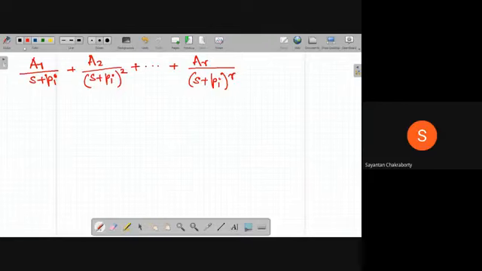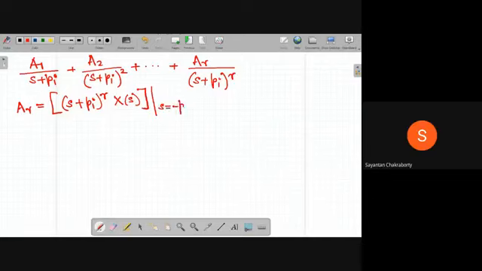So the formula for ar will be simple, the formula of residue. Okay, this is followed. But what about for ar minus 1?